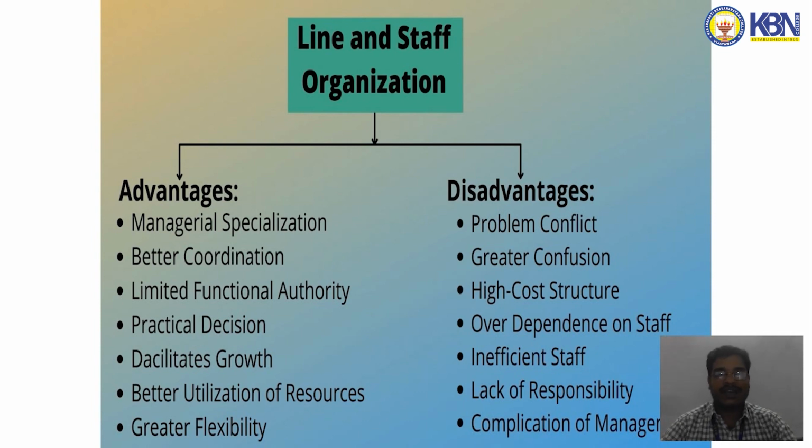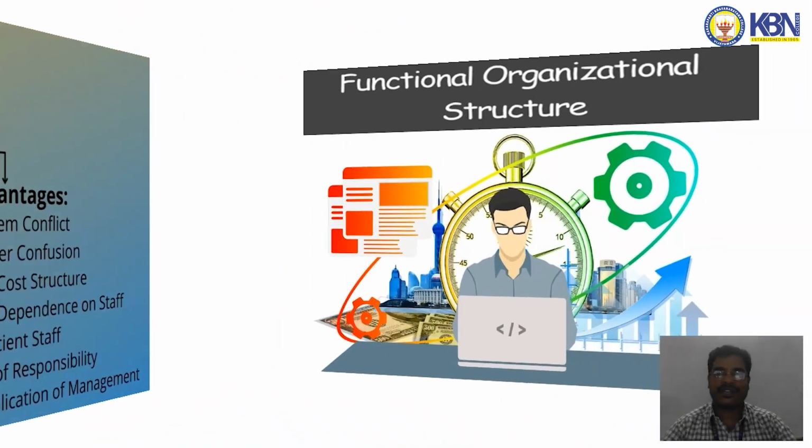So inefficient staff is also one of the drawbacks under line and staff organization. And lack of responsibility. Some staff supervisors are not ready to take any kind of responsibility, and there is a chance of complications of managers' decisions as far as this line and staff organization. So this is the brief explanation about the advantages and disadvantages regarding line and staff organization.